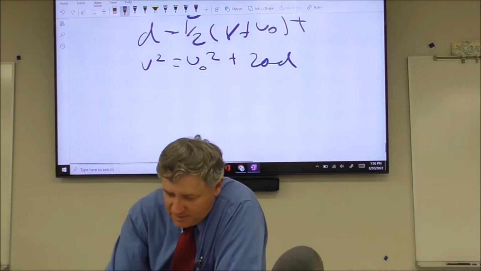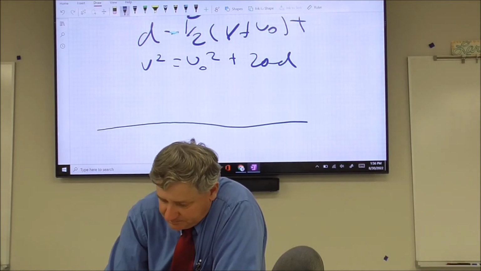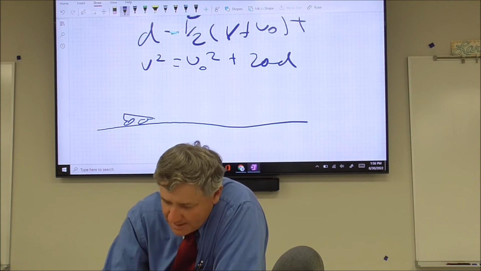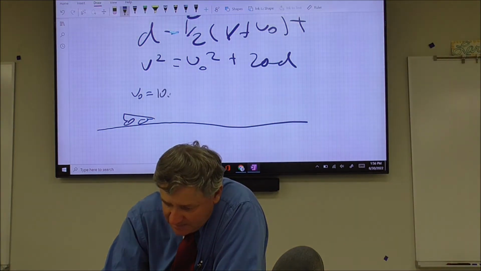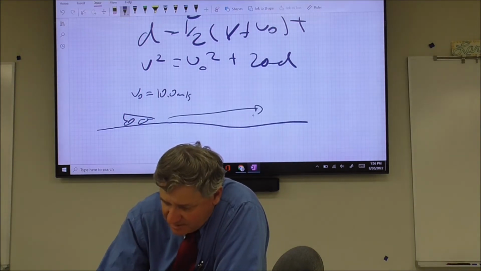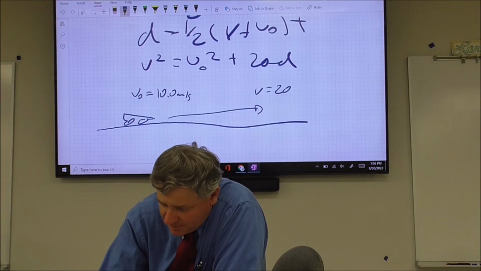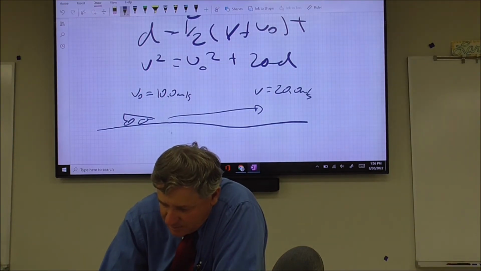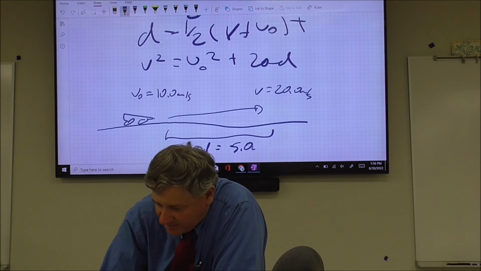So let's say that you've got yonder carrot car, and let's say it's moving at 10 meters per second, and you want this to speed up to 20 meters per second, and you do that over a distance of 5 meters.